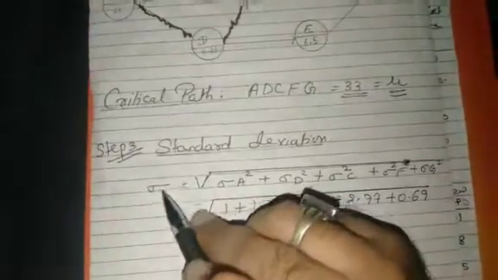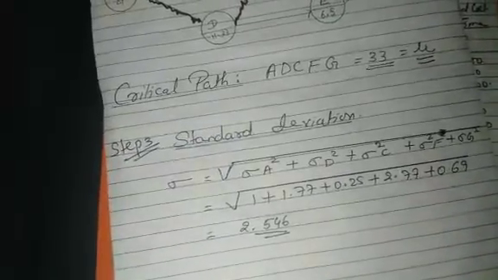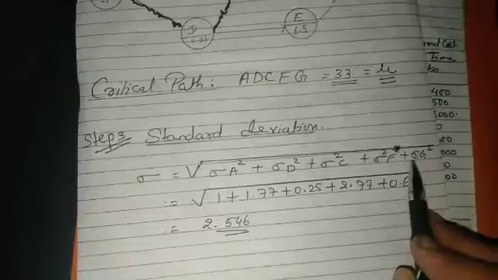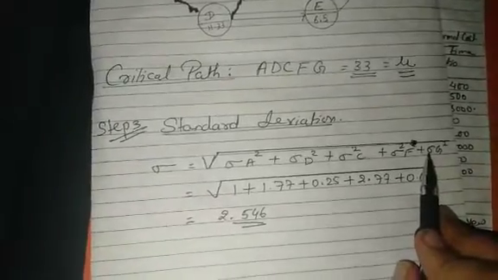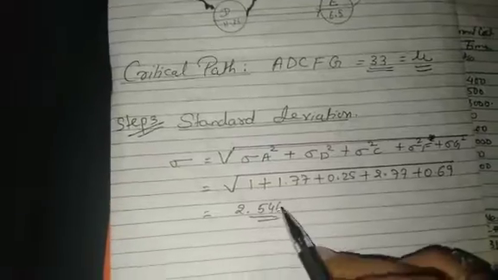Always remember, standard deviation is the square root of variance, but we have to take the square root of the variance of the critical path, that is, the activities on the critical path. In this case, A, D, C, F and G are the activities on the critical path, and I have found the square root of it.